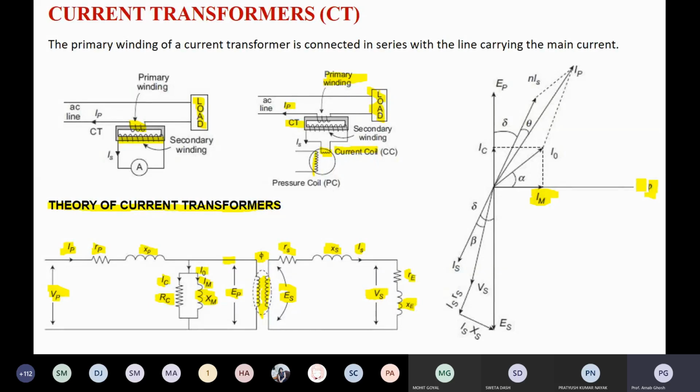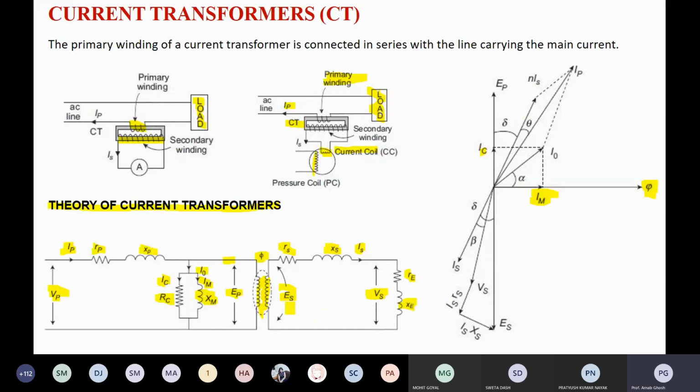IM is the magnetizing component, and it lags by 90 degrees the current of the resistive path. You can see that IC is the current of the resistive path, so IM will be 90 degrees lagging with your IC.